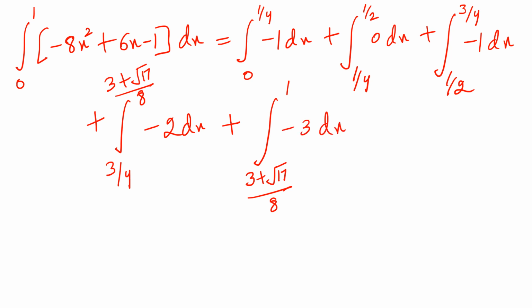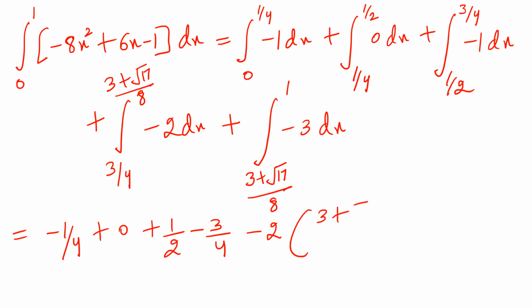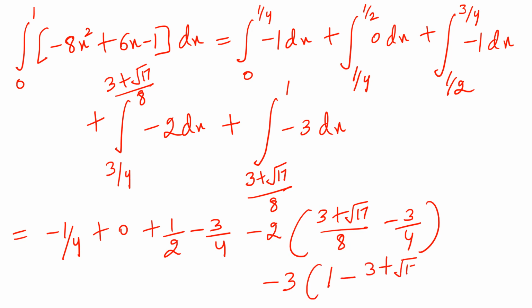Now students, just calculate all the values. It becomes minus 1 upon 4 plus 0 plus 1 upon 2 minus 3 upon 4 minus 2 times inside the bracket 3 plus root 17 by 8 minus 3 by 4, and then minus 3 into inside the bracket 1 minus 3 plus root 17 upon 8.